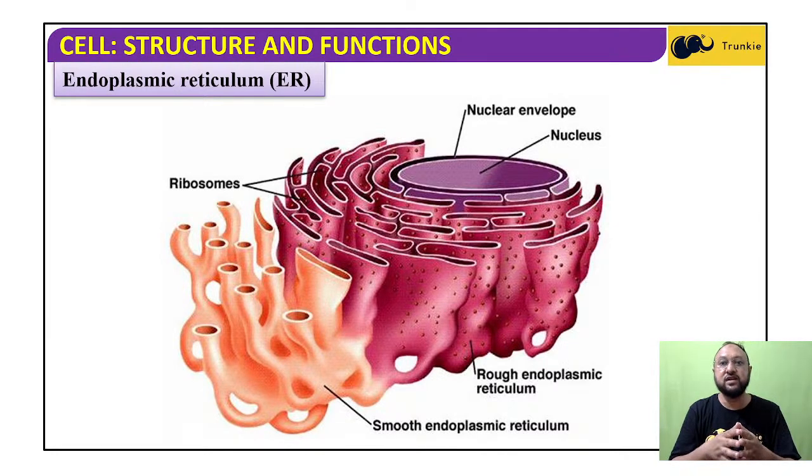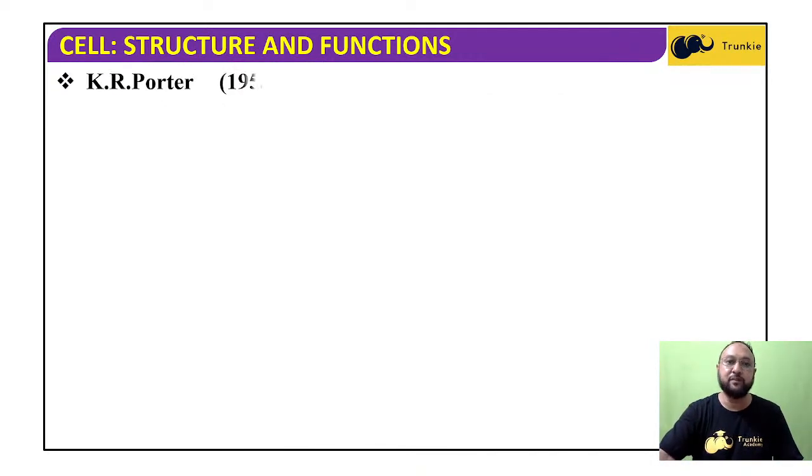Hence this is called rough endoplasmic reticulum, as it looks rough because of the presence of ribosomes on its surface. Then you can see the smooth endoplasmic reticulum, where you do not find any ribosomes on its surface. So endoplasmic reticulum is of two types: rough and smooth.